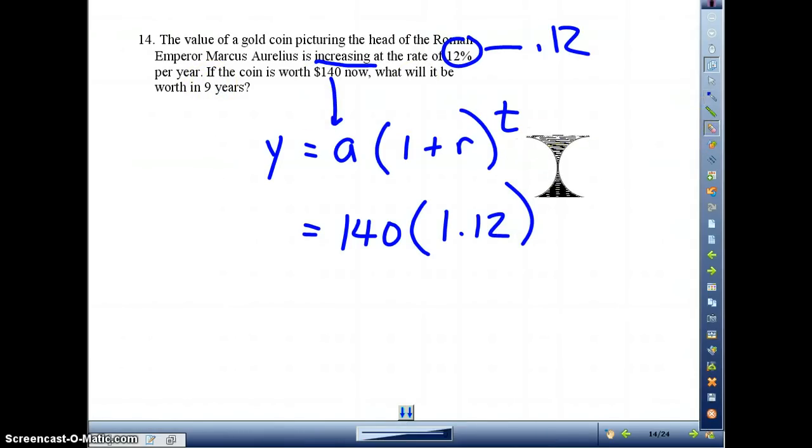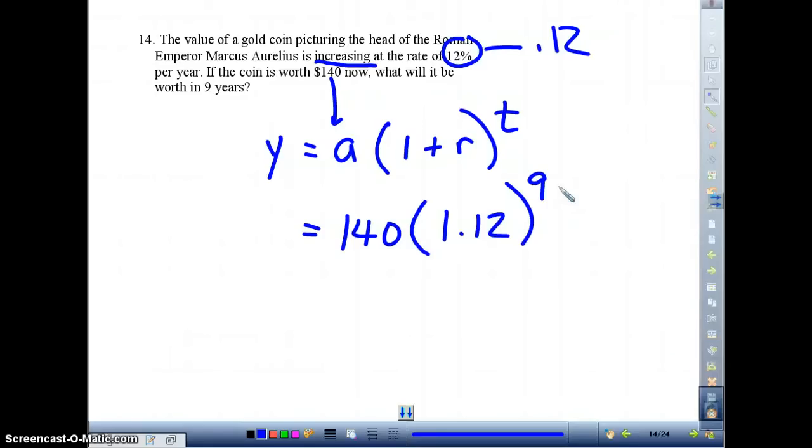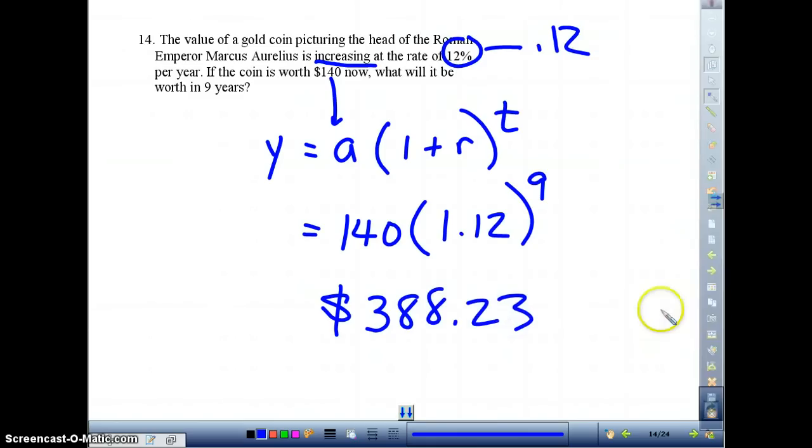So in place of t, we're going to put in what? Yeah. Now it's just number crunching. 140 multiplied by 1.12 raised to the 9th power gives you what? How much is that coin worth? I got, what'd you get? I got $388.23. All right.